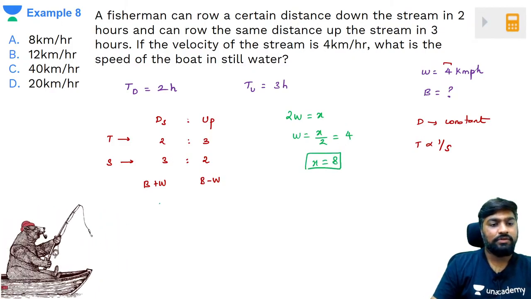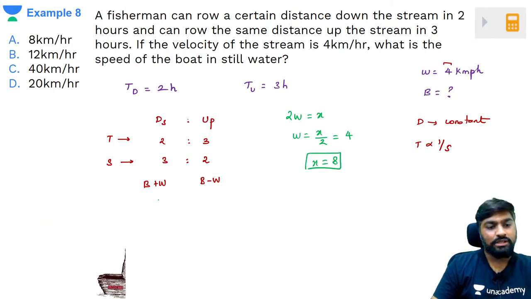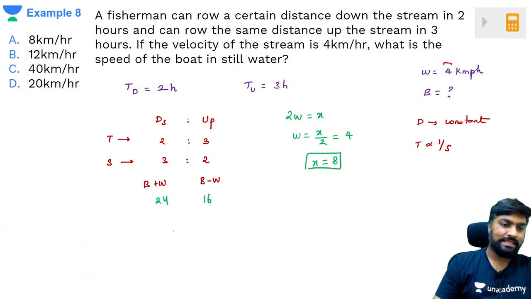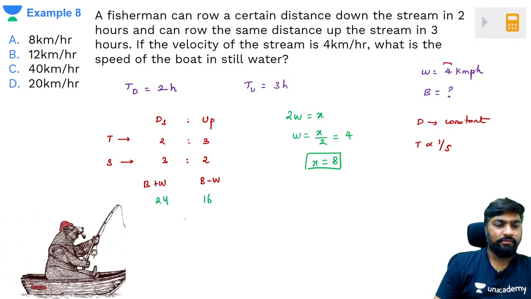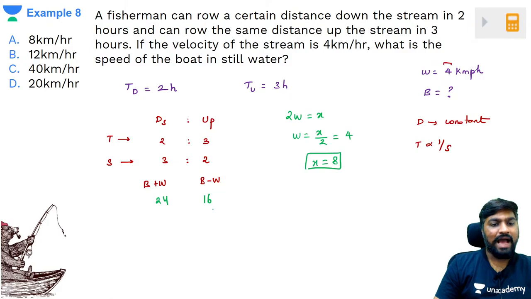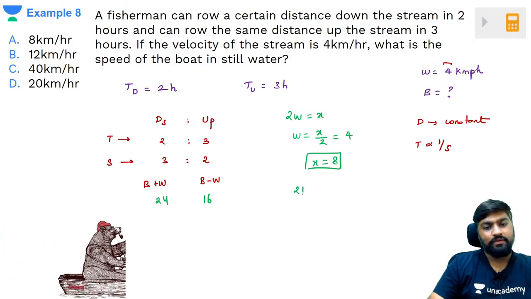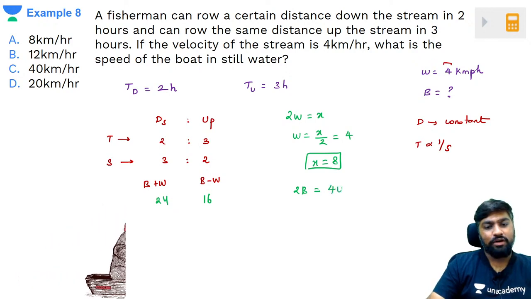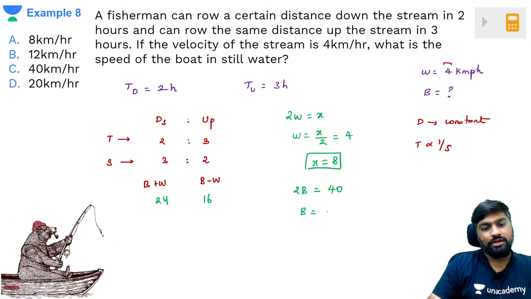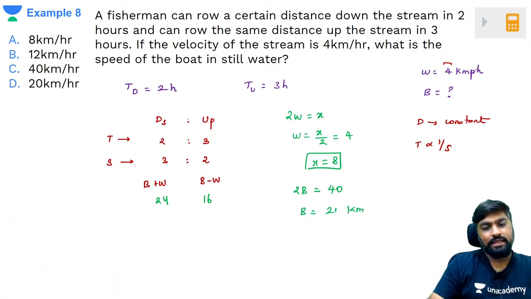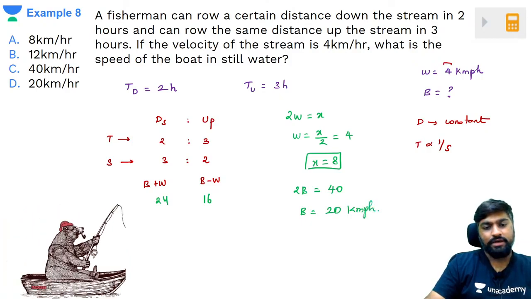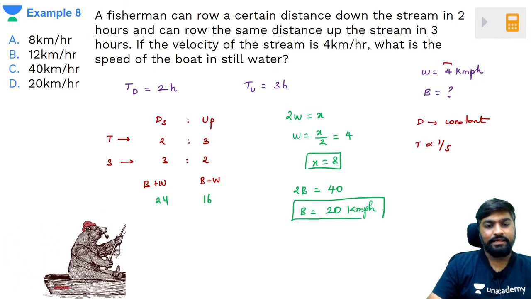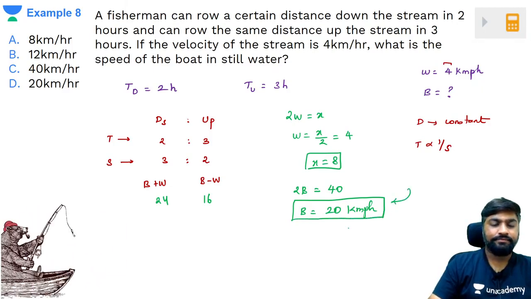Use that here, you get speed of boat plus water is 3 times 8, 24, and 2 times 8, 16. Can we find out the speed of the boat now? Definitely. How? Add them, divide by 2. So speed of boat is going to be the sum of 24 and 16, that is 40, divided by 2, or speed of boat is 20 kilometers per hour. Cool? That's understandable, right? Simple question.